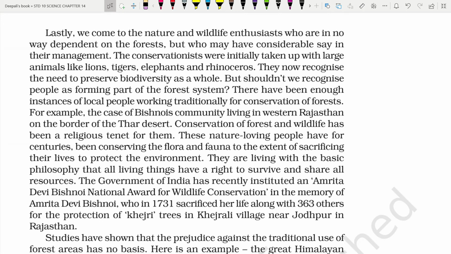They now recognize the need to preserve biodiversity as a whole, not only these large animals, because even a bacterium is important. But shouldn't we recognize people as an integral part of the forest system?